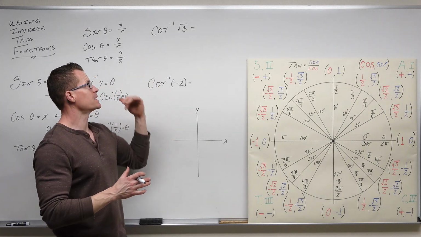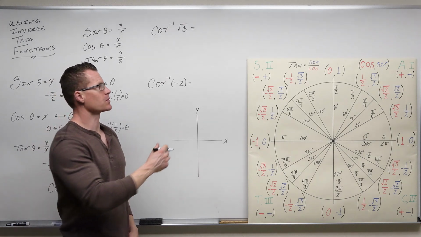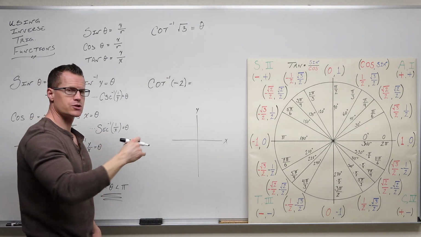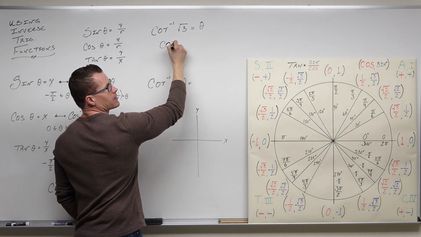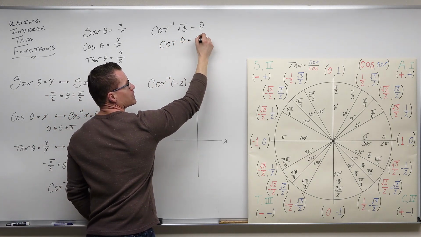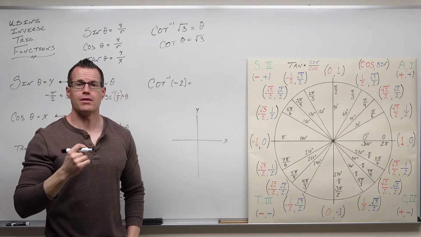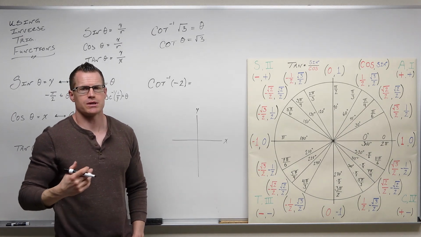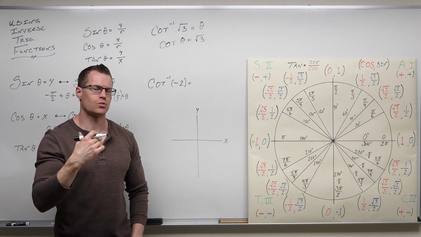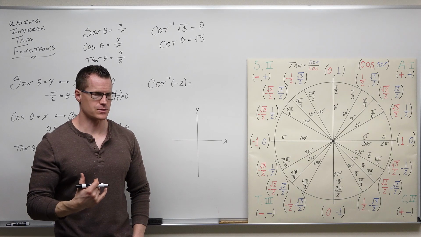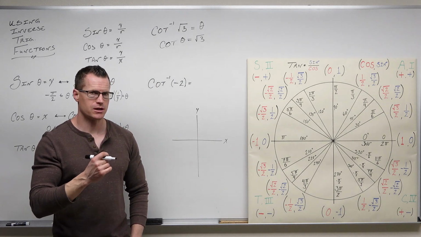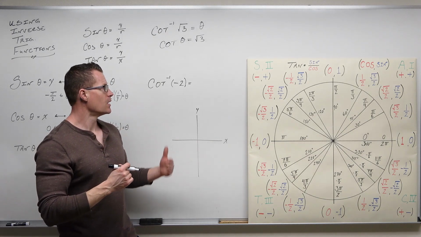So for cotangent inverse of the square root of 3, call that the angle that it is. This is only true if cotangent of theta equals square root 3. So we think, okay, that's positive. Where is cotangent positive? The same place tangent is positive, in quadrants 1 and 3. That's the only place tangent and cotangent are positive.